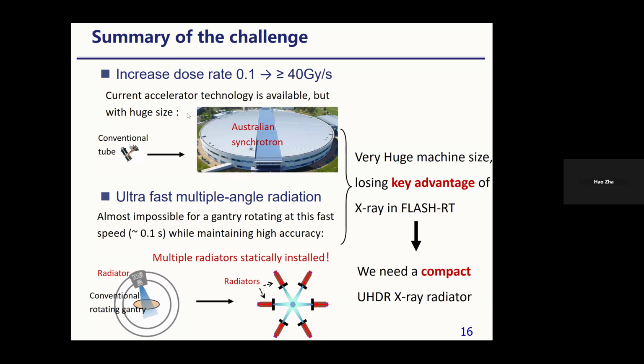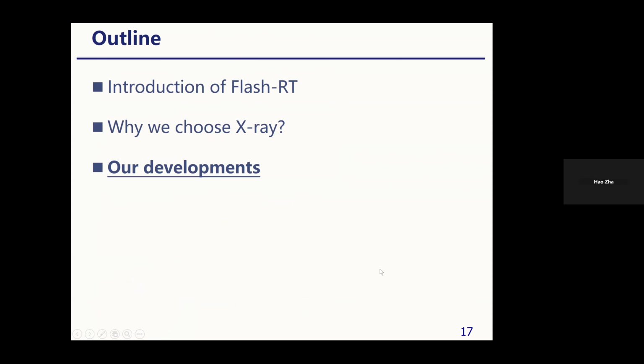For example, if a single accelerator is at this dimension, and we place 6 accelerators, you can imagine the dimensions of the whole machine. But if we want to keep the key advantage of X-rays, we know X-ray machines are often very compact. So that means we need very compact accelerators. So that's the third part. I will introduce our recent developments.